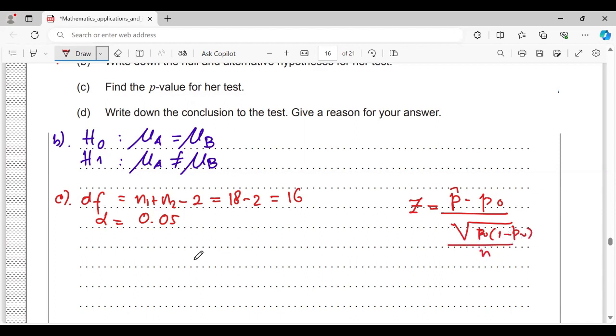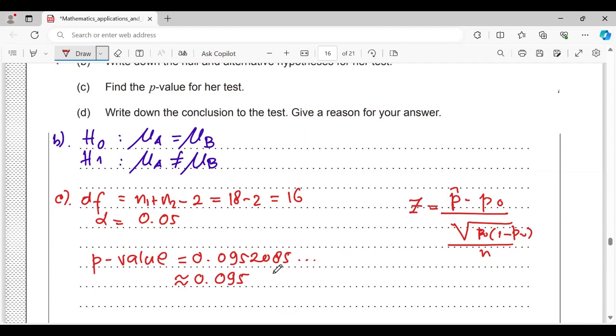You can use this, but it is better if you use a calculator or SPSS program. I have calculated it through the calculator, and you can find that the p-value equals 0.0952085, which approximately becomes 0.095.